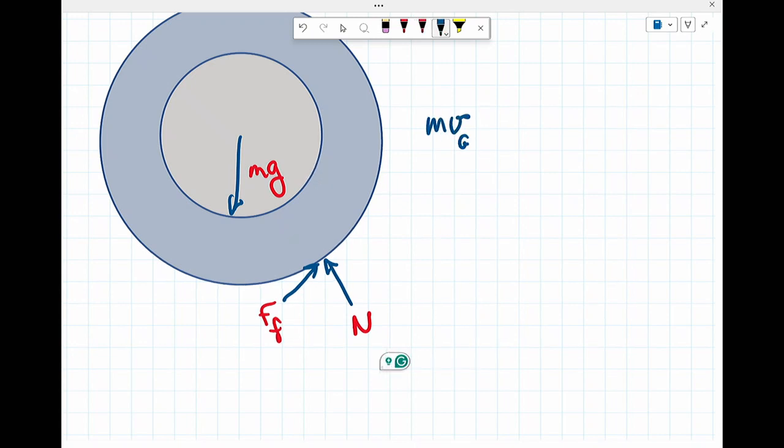In this case, I know that I have a velocity problem. It starts from 0, goes to a final velocity, and it's a time problem. So mass, velocity, force, time. And so I recognize right away that this is a momentum problem.